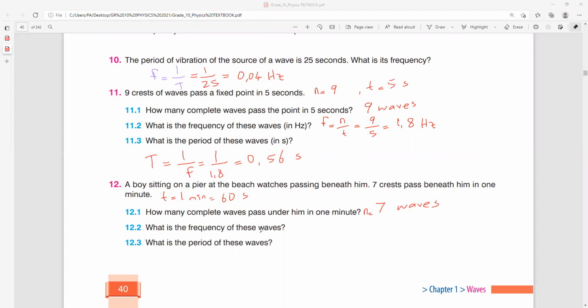Okay, we have 2 different answers. Let's see which one is correct. People, frequency equals number of waves over time, and then 7 over 60. You can write 7 over 60. 0.12. Yes, 0.12 is correct.